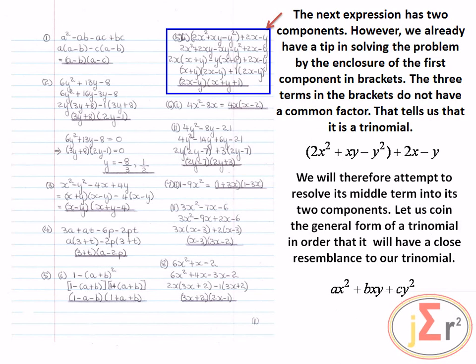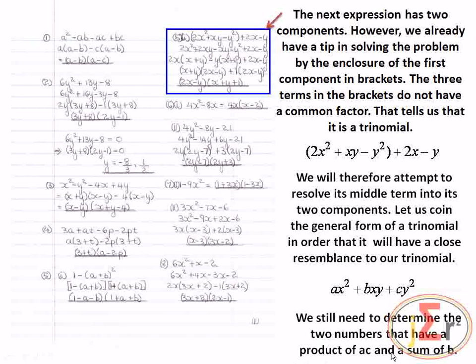So there we have the trinomial coined in a way to resemble our general representation of a trinomial, but giving consideration to the fact that we have x squared, xy, and y squared. There we have it. The procedure is the same.